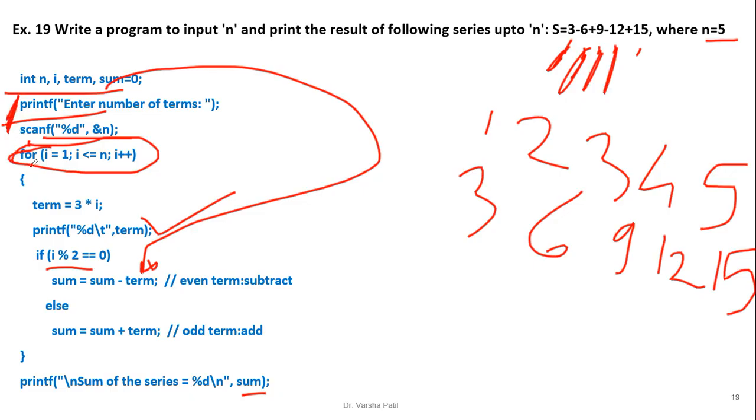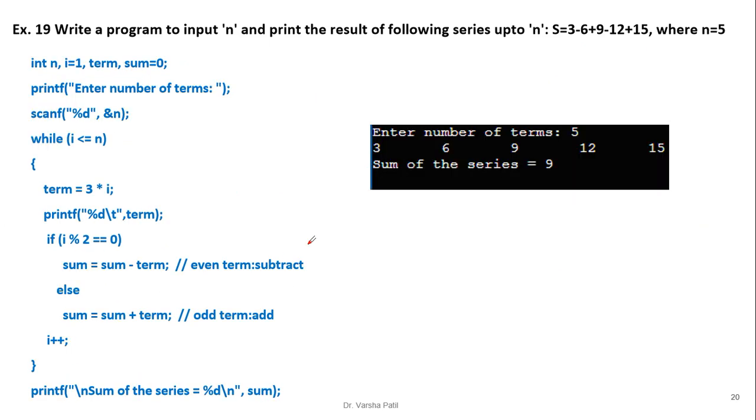After that write the for loop, write the term statement, then the print term statement, and execute that. If you are getting 3, 6, 9, 12, 15, it means the program is correct up to this point. After that you write this if condition, and in this way you should do the programming in a progressive way.